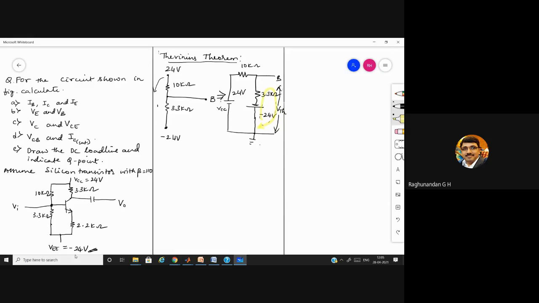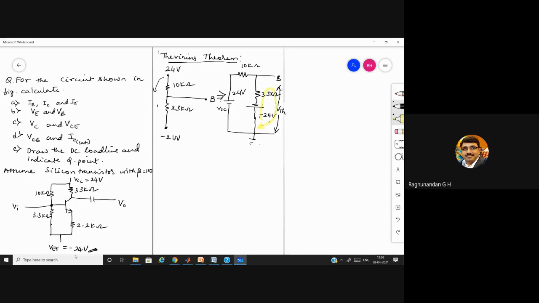Yes, sir. But you need one more parameter to find this VTH. RTH? Any other answer? ISC, sir. Short circuit current. The current across 3.3 kilo ohm should be known, right?